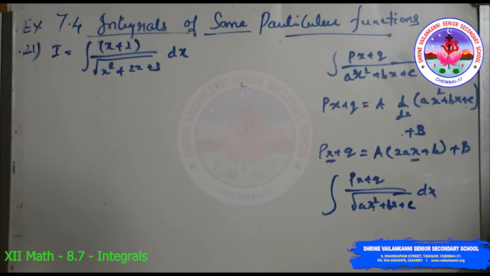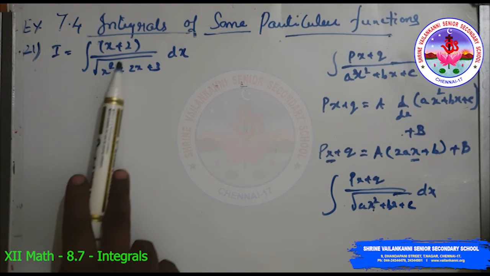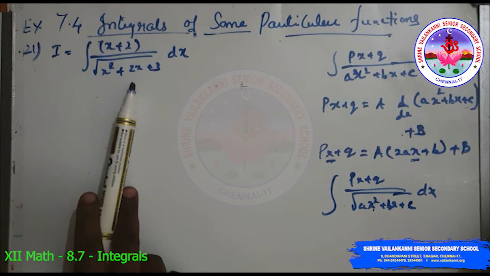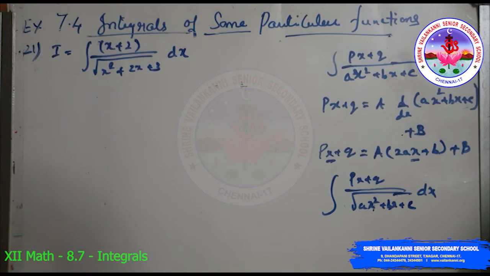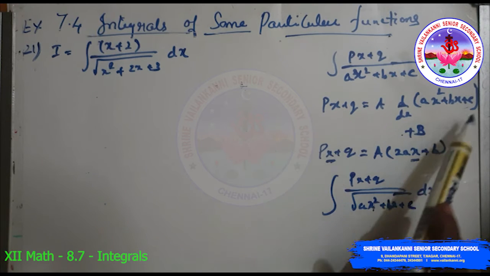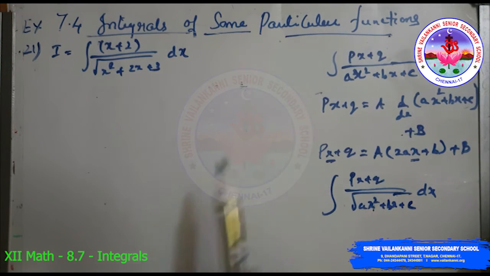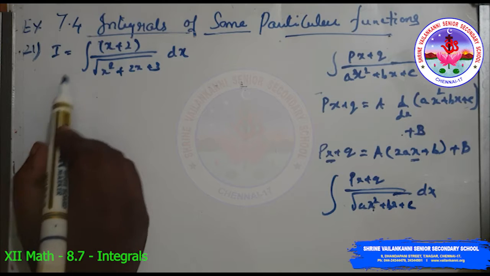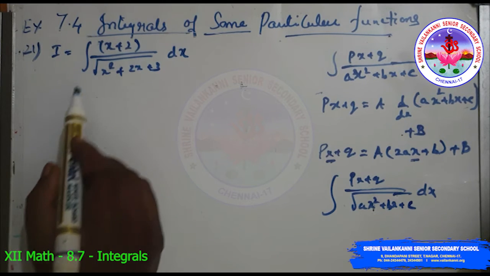So let's do question number 21 using integrals of this type. I equals integral of (x plus 2) by root of x square plus 2x plus 3 into dx. We have to write this in the form of px plus q, here it is x plus 2.